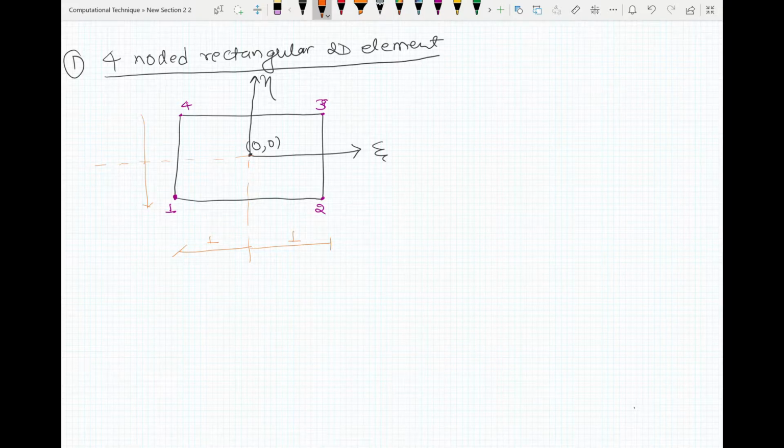This length will be 1 and this length will be 1. So this element here is known as the master element, with sides 2.